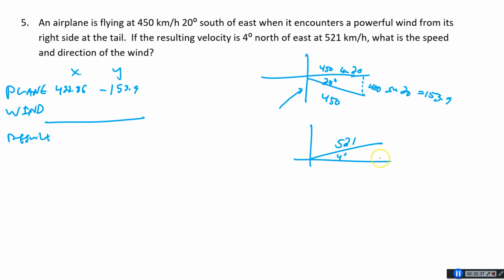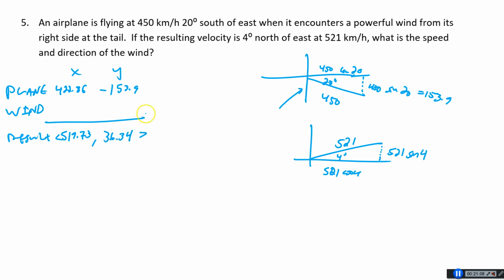Okay, so let's break that into its components. We'll have 521 cosine 4 and 521 sine 4. 521 cosine 4 should be real close to 521. It gives me 519.73. Remember, this is the resultant. And then the y, 521 sine 4, should be pretty small. It's 36.34.